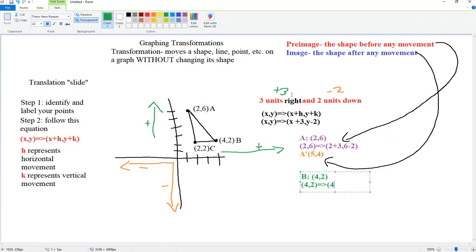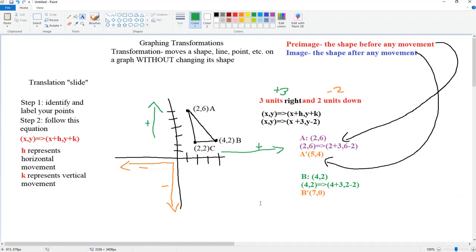I figured this out from what they gave me. So 4 plus 3, I'm going to be plussing 3 every time in this problem. And my y is 2, and then I have to minus 2. So my final answer, I'll do it again in orange, for B prime, it's just a little tick on the top right corner of your B, is 4 plus 3 is 7, and 2 minus 2 is 0. So that's my B prime.